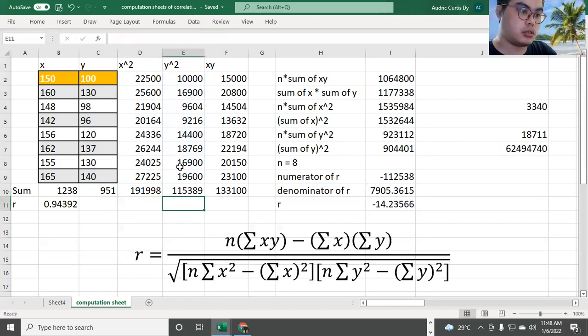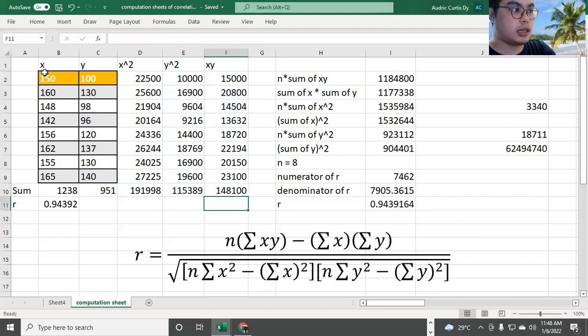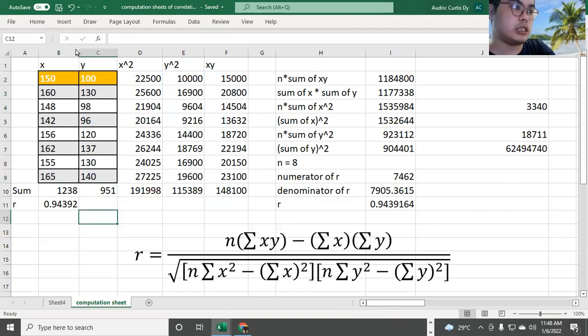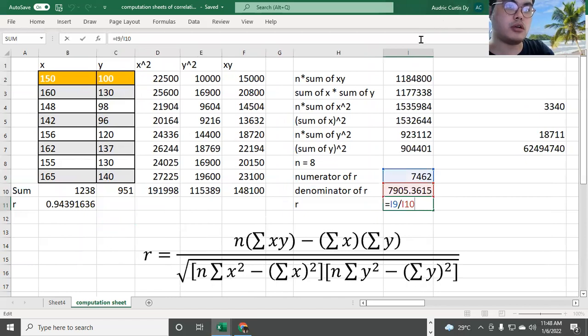So keep in mind that the entire data must be highlighted in order for you to get the correlation coefficient. Now you see that it is exactly the same, this is just rounded off.